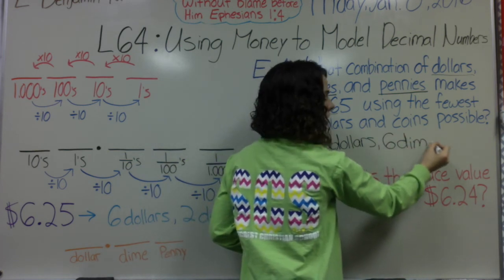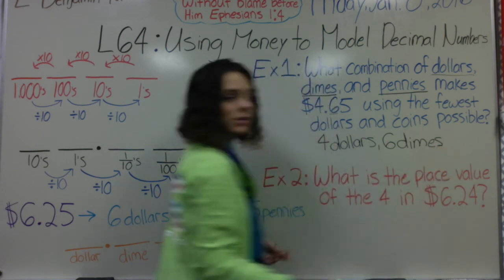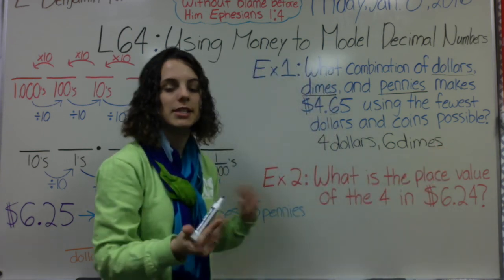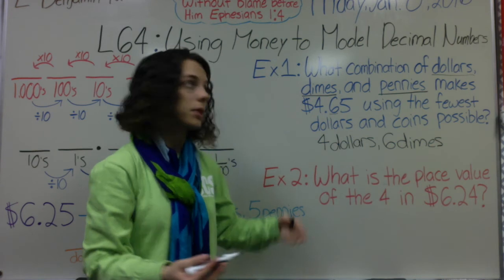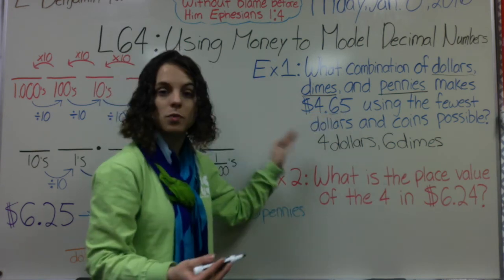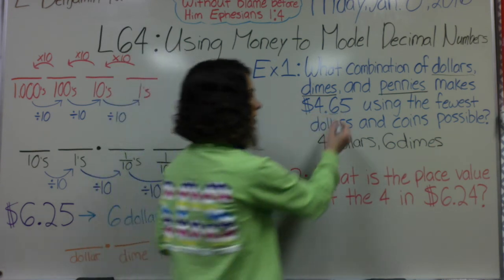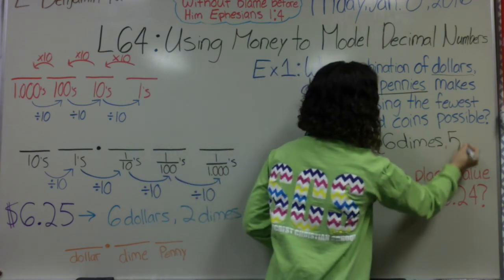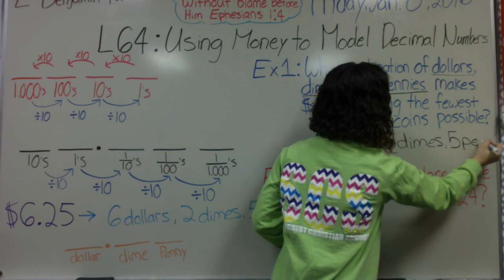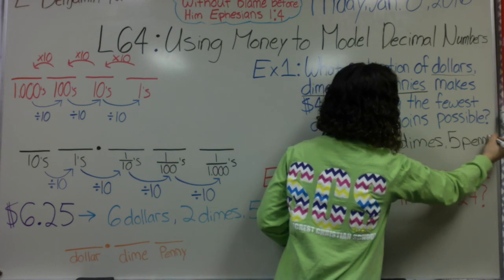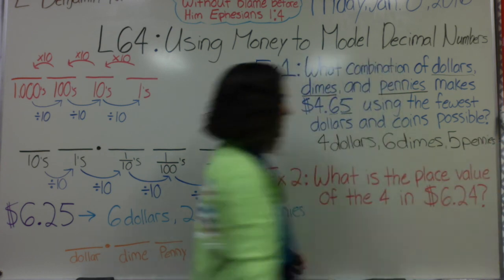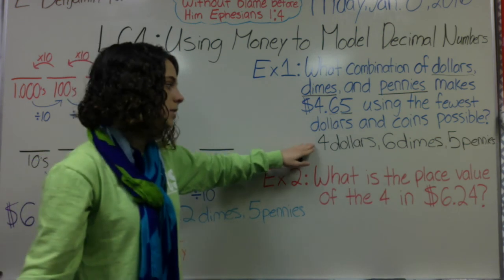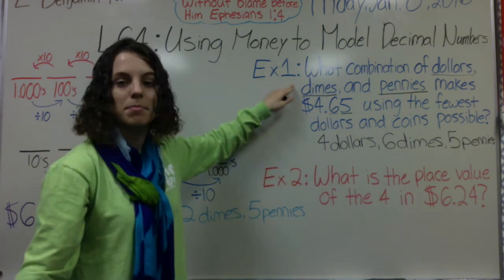We're just breaking apart this place value, and that's all this is representing, because this is extremely easy, but it's important to recognize the place value and how money is related to it, since we are already familiar with that. And then this is how many pennies I have, so I have 5 pennies. And that's the fewest amount of dollars and coins possible using the dollars, dimes, and pennies.